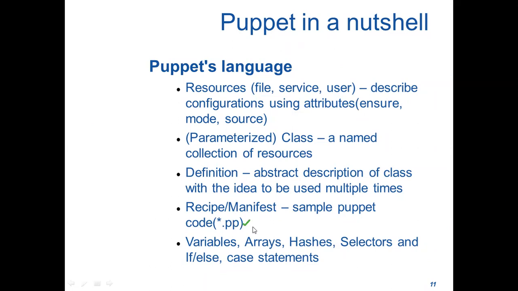In Chef, what was the extension in Chef? RB, yeah. So in Chef, we call it a recipe. And here we call it a manifest.